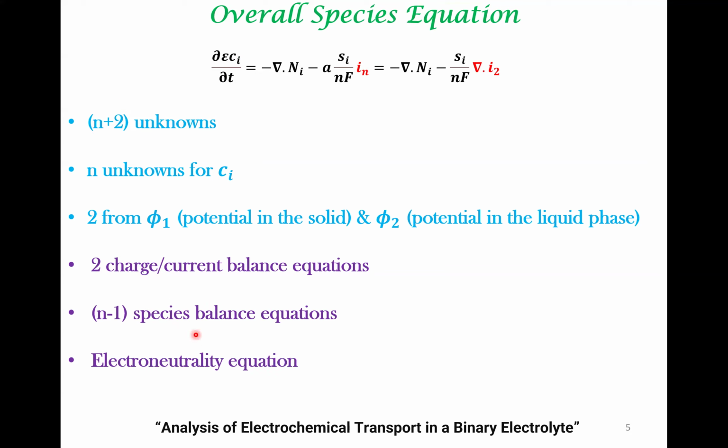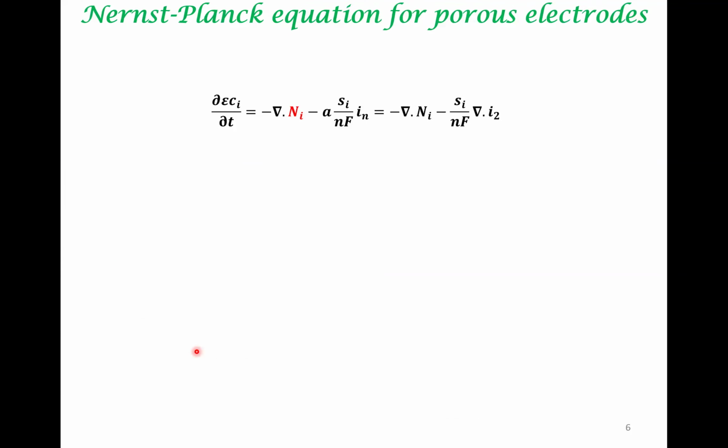We have covered the electroneutrality equation in a previous lecture. Please look into that lecture if you do not remember what we exactly mean by the mathematical expression for the electroneutrality condition. The last part is how to specify the Nernst-Planck equation for the porous electrode.